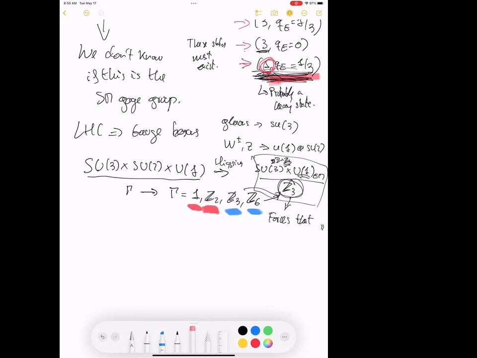That forces that something in the 3 of SU3 must have a fractional charge, so n is not a multiple of 3, and it forces that anything that is a singlet has integer charge. So if the gauge group is this, then we are not predicting this particle.